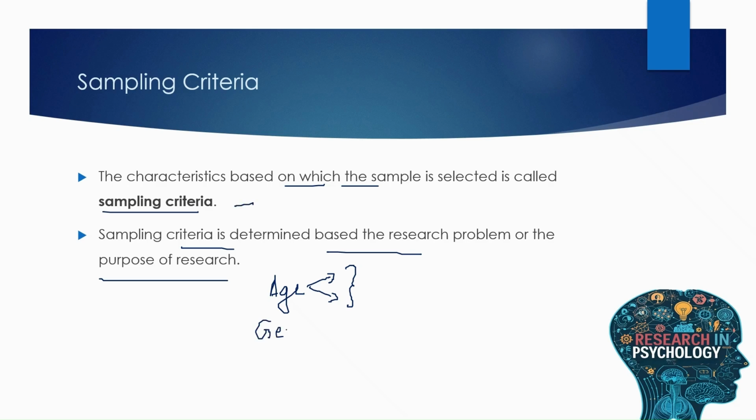If I am doing my study on a particular gender, then that becomes my sampling criteria. If I am doing my research on a particular profession, then everybody who is pursuing that profession becomes my sampling criteria. So based on the objective of the research, the researcher can decide on the sampling criteria, or the characteristics based on which a sample is selected from the population.